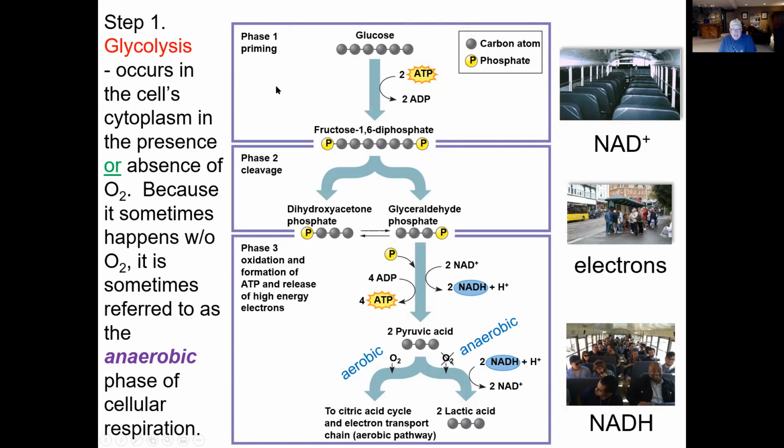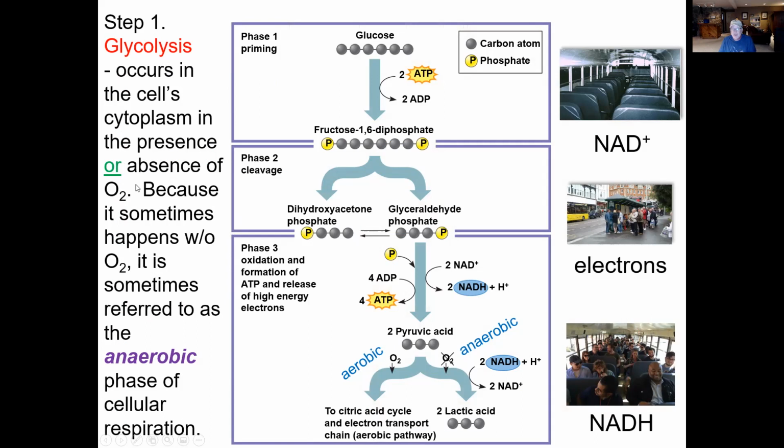Now, this process that we're going to start to talk about occurs in the cytoplasm of all of our cells. So we need to talk about where this process occurs in the cytoplasm. And note that it indicates here in the left-hand column that this can occur in the presence or absence of oxygen.